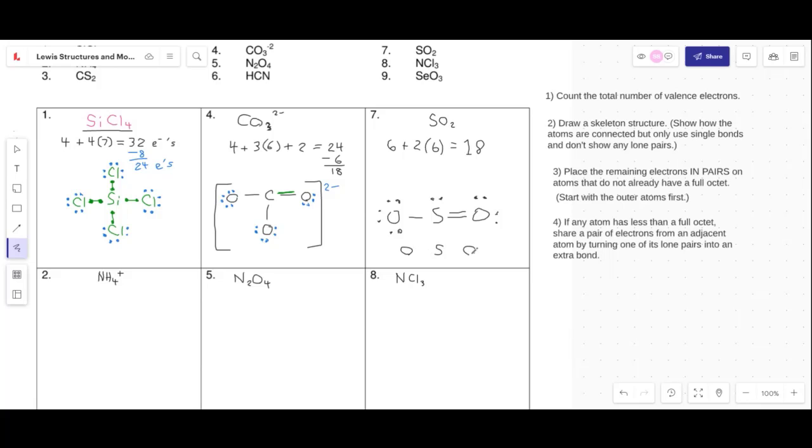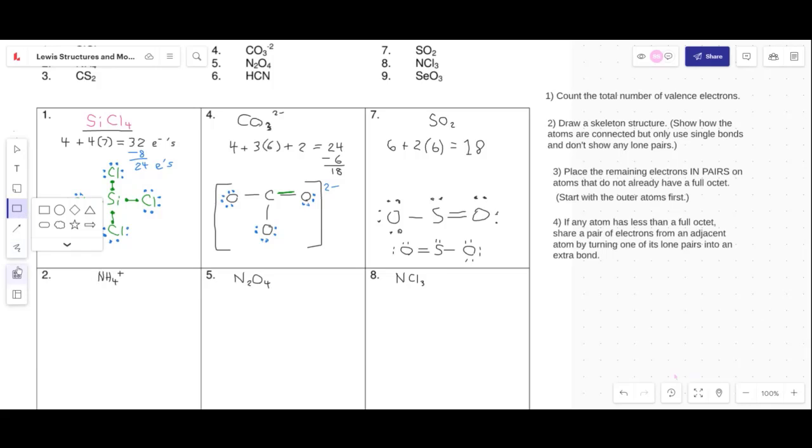You would have gotten a double bond over here, single bond over here, 3 lone pairs on this oxygen, 1 lone pair on the sulfur, 2 lone pairs on this oxygen. With these two structures, when you have double bonds, there are multiple places where those double bonds could have been drawn.